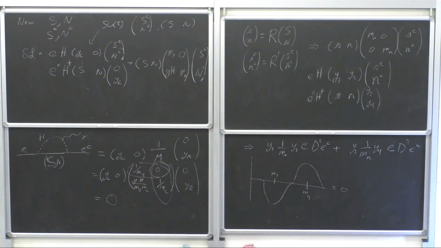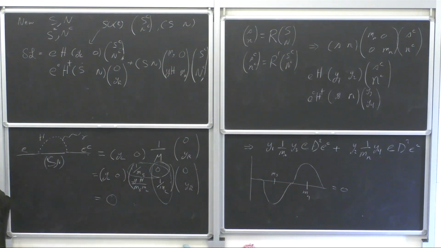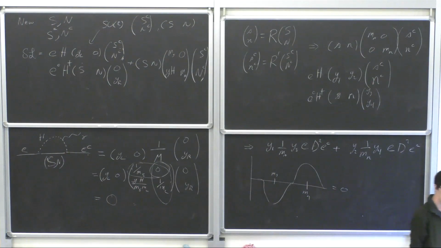From the EFT point of view, you get something quite crazy: how the hell do two things cancel exactly? It's because you took a very specific SU2 structure here, which rotates two guys of different masses into each other. So if you see just one particle, you don't see the full symmetry of this theory. You need to see both of them. If you miss a symmetry, you can get very surprised.